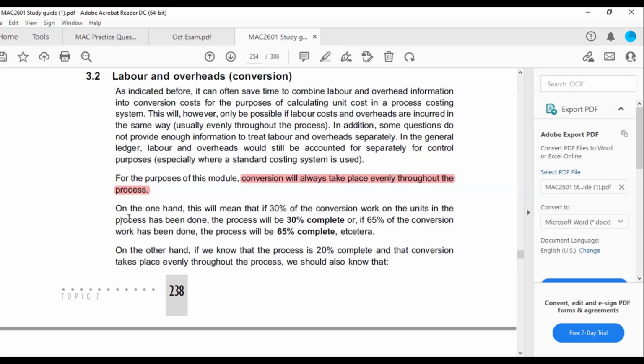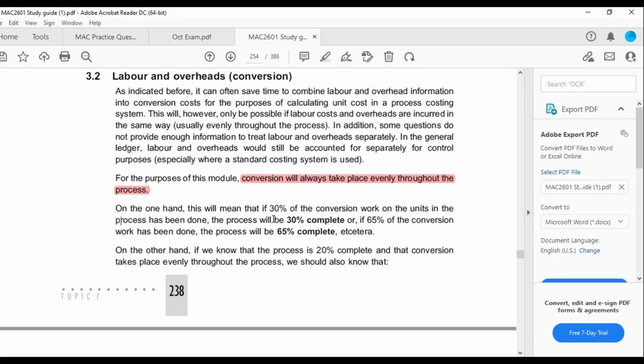So this will mean that if 30% of the conversion work on those tables has been done, the process will be 30% complete. Or if 65% of the work is done, the process will be 65% complete. Are we all together? That's where, when it comes to labor and conversion, this whole completion stage comes into play, as opposed to the raw material, because it's as and when. Say Ndweleng came in, I came in late, fine.